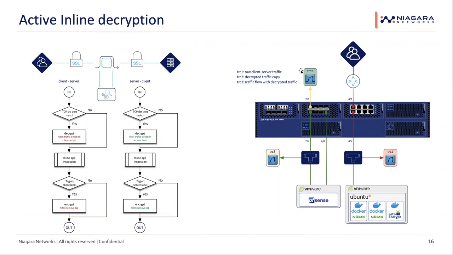So yet another tap connected to my firewall, or in between the firewall and the packet broker, to show that the traffic is really flowing through the firewall and going from the packet broker through the firewall back to the packet broker and re-encrypted, going to the client or to the server, depending on whether it's client server or server client traffic.